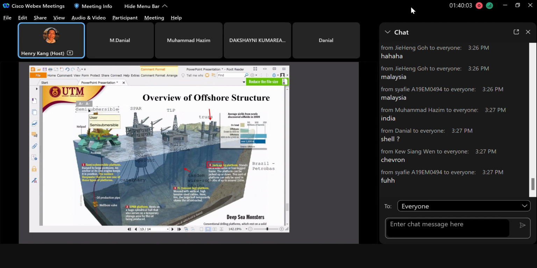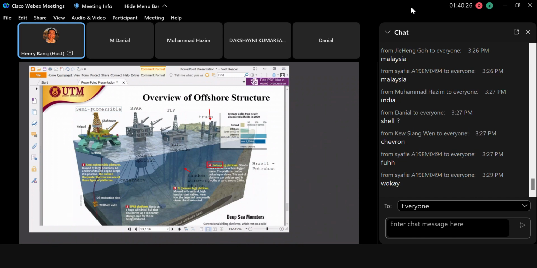However, if you are working in future, or if you intern outside, you cannot just say semi. You must say semi-submersible. You know why?